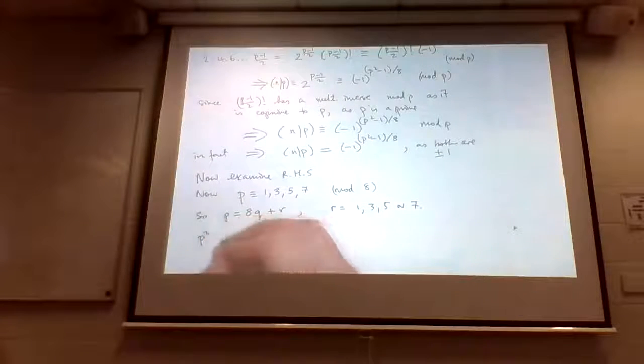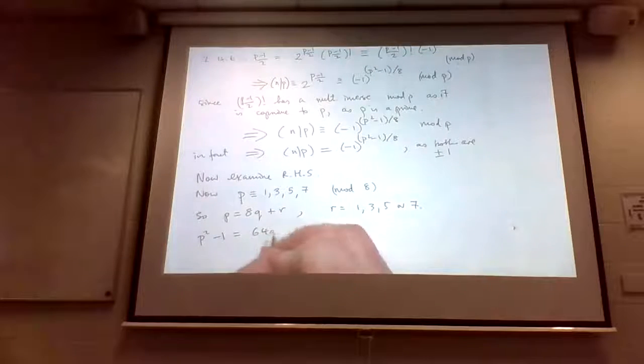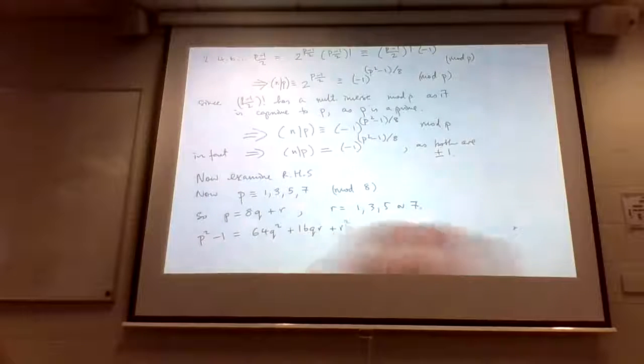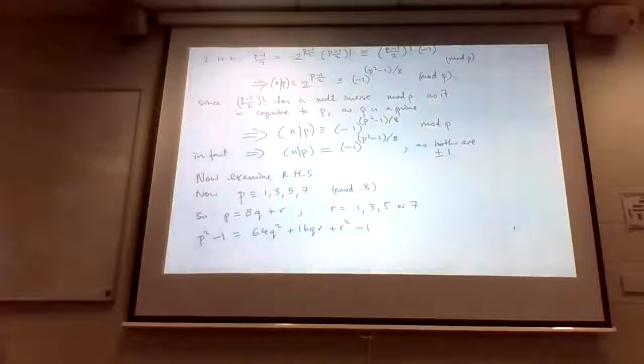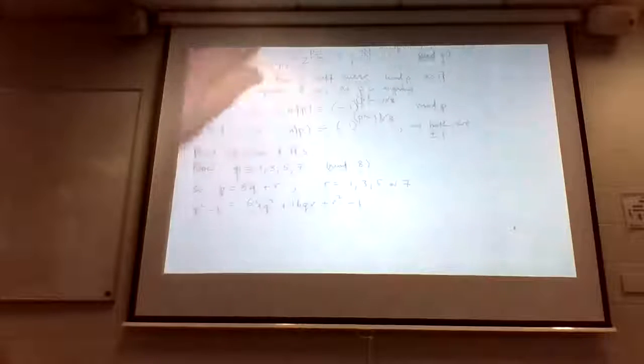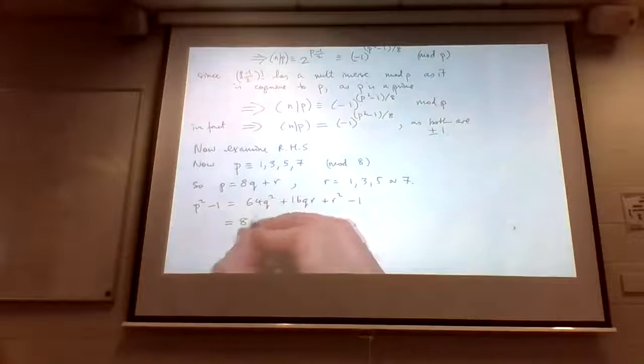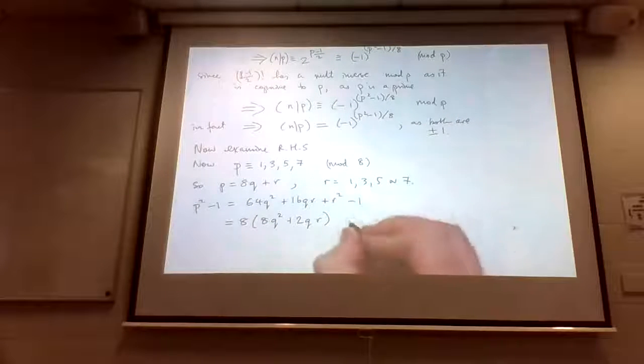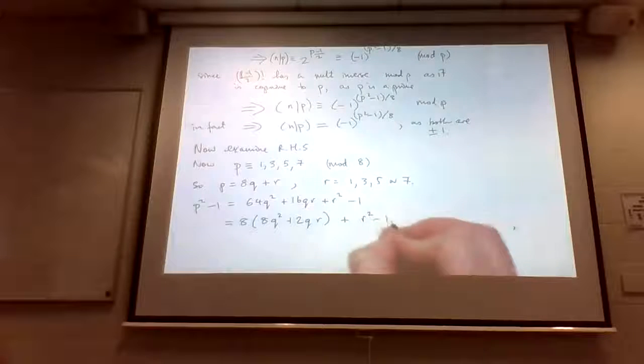So p squared minus 1 is going to be this squared, which is 64q squared plus 16qr plus r squared minus 1. And you can divide this by 8. You can divide a fair bit of it by 8. And then you've got remainder r squared minus 1.